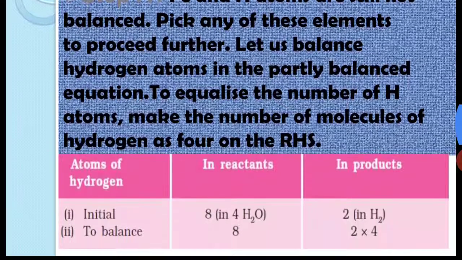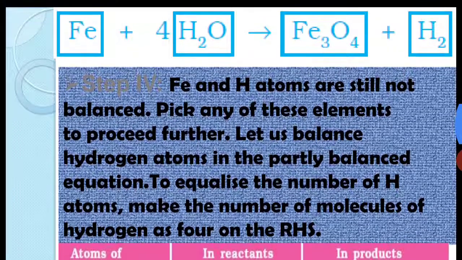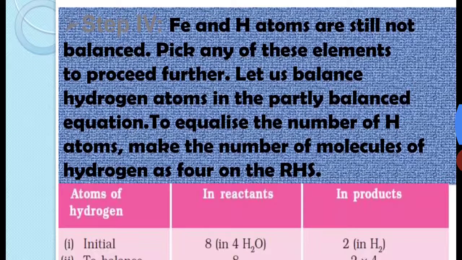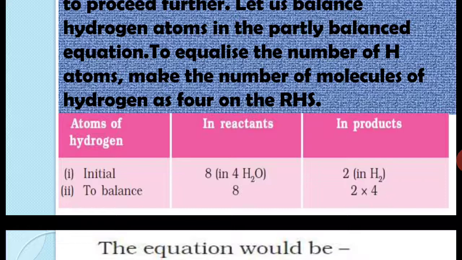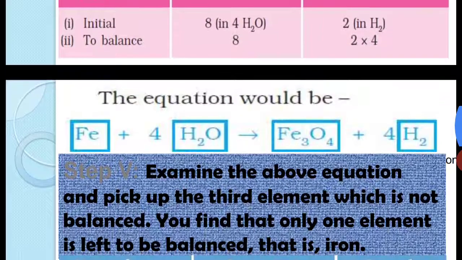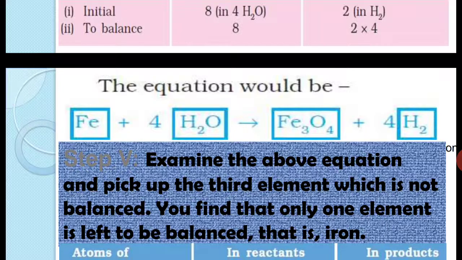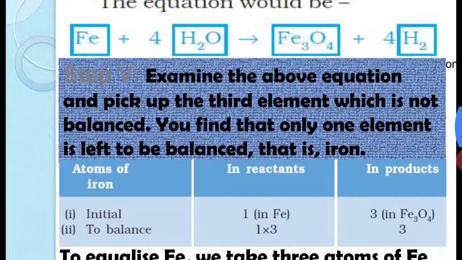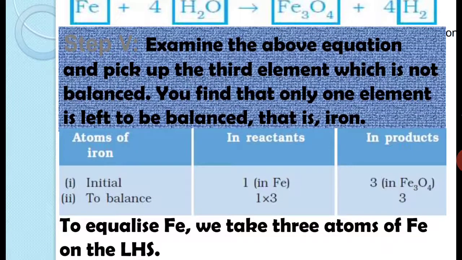We will first balance the hydrogen, as we have altered the number of hydrogens by multiplying by 4. यहाँ पर हम देखेंगे कि जब हमने 4 को मल्टीप्लाई किया H2O से तो नंबर ऑफ एटम्स ऑफ हाइड्रोजन हो गए हैं 8 और प्रोडक्ट साइड में है सिर्फ 2। तो यहाँ पर हम प्रोडक्ट साइड में 4 का मल्टीप्लाई करेंगे जिससे कि हम हाइड्रोजन के एटम्स को बैलेंस कर पाएँ। तो अब इक्वेशन में प्रोडक्ट साइड और रिएक्टेंट साइड 8 एटम्स ऑफ हाइड्रोजन हैं.